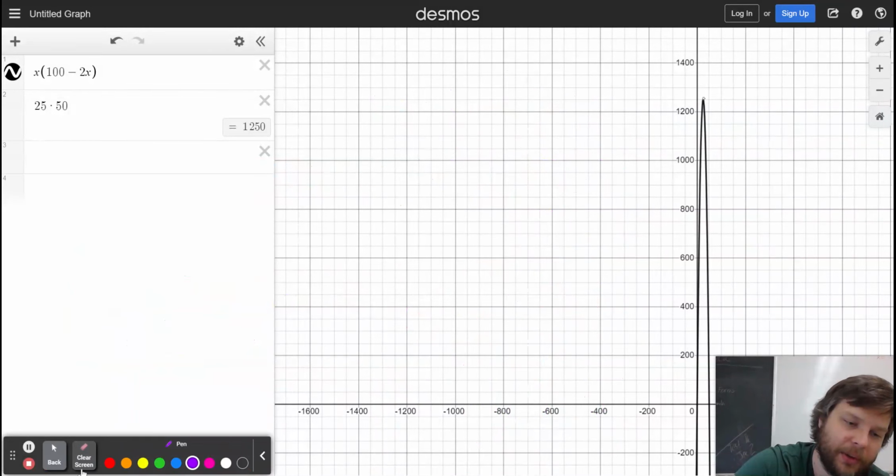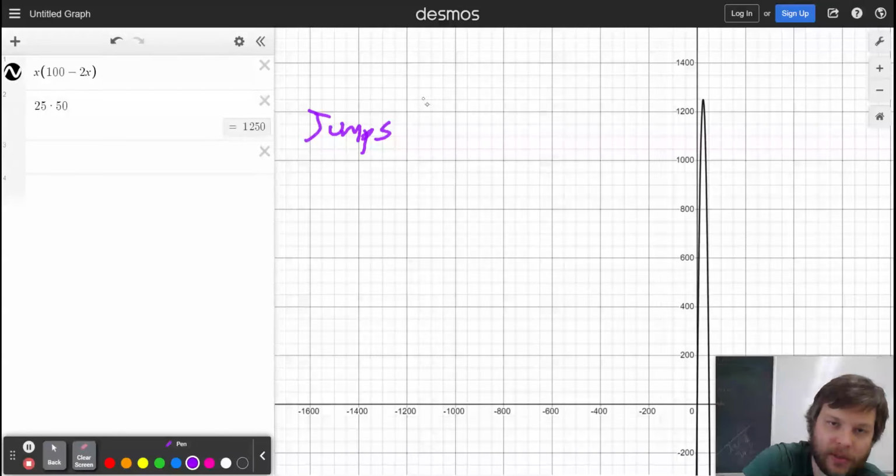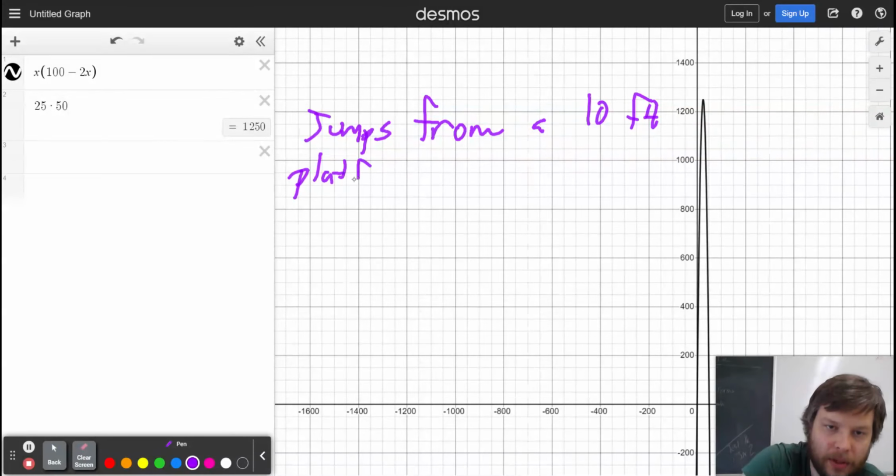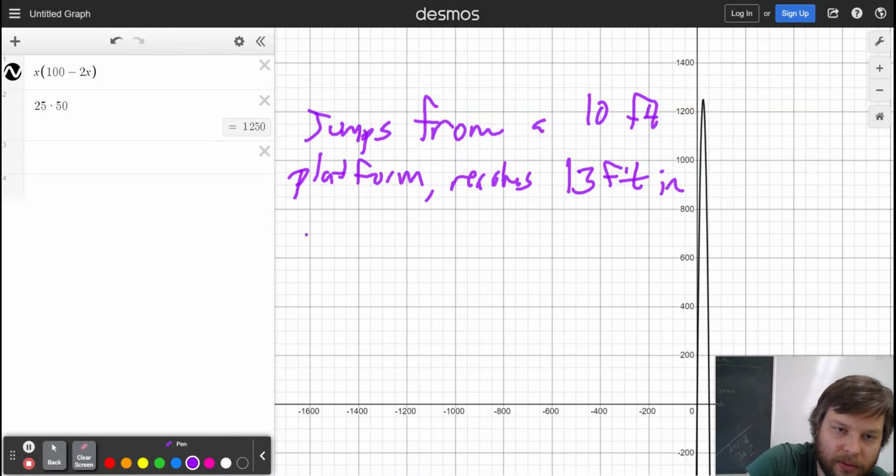The other type of word problem that we've done a lot of is something flying through the air. So let's say we have a situation of something flying through the air where it jumps from a 10-foot platform, maybe you're diving, and let's say you got a lot of vertical, so it reaches 13 feet in 0.5 seconds.